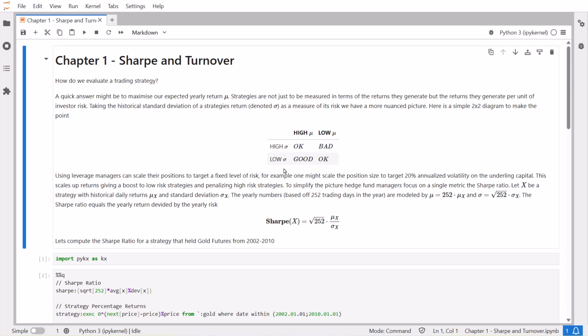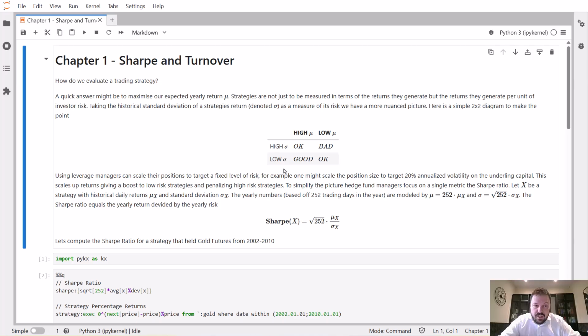So if we let X be a strategy with historical daily returns μx and standard deviation sigma x, the yearly numbers based off 252 trading days are modeled by the annualized expected return being 252 times the daily return, and the annualized volatility being the square root of 252 times the daily standard deviation. And the Sharpe ratio equals the yearly return divided by the yearly risk. So as I said, it's kind of like reward divided by risk, greed divided by fear.